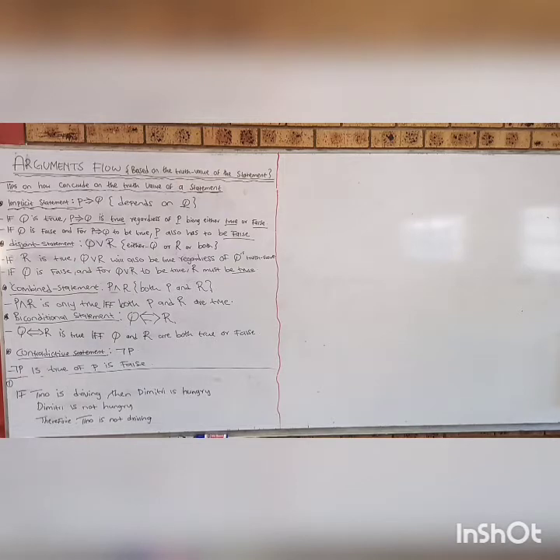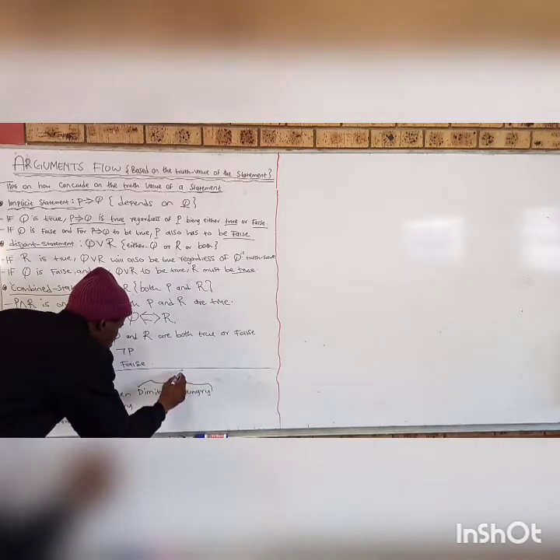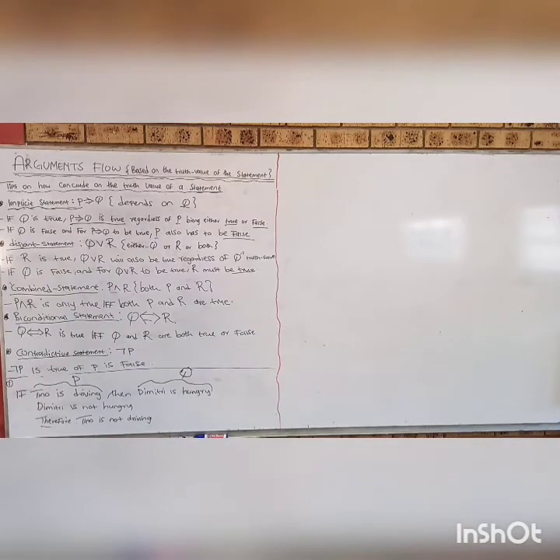So let's see how this went. An example: if Chino is driving, then Dimitri is hungry. Dimitri is not hungry, therefore Chino is not driving. What we have to do here is denote the statement Chino is driving as statement P, and Dimitri is hungry as statement Q. So you can see we have two statements.